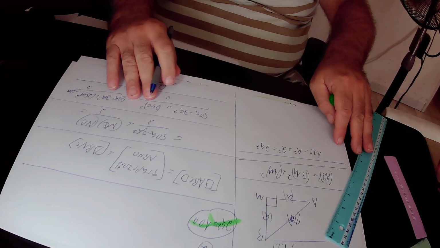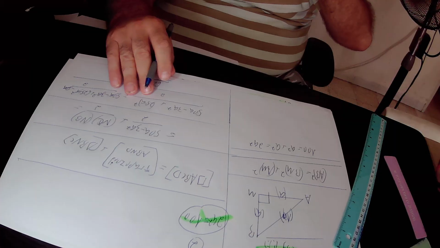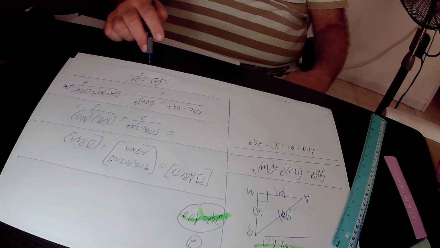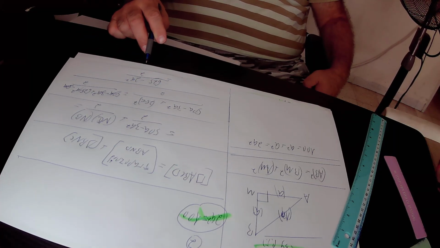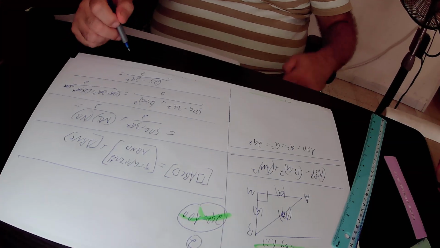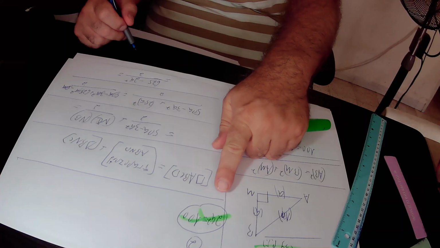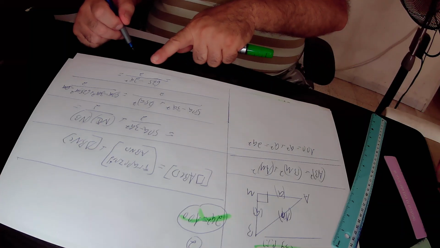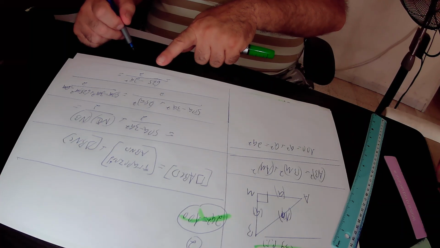So in total, we have found out that the area of quadrilateral ABCD equals 625 minus 2A squared over 2. But we have already found out that 2A squared equals 100. So we can substitute 2A squared in this expression by 100.